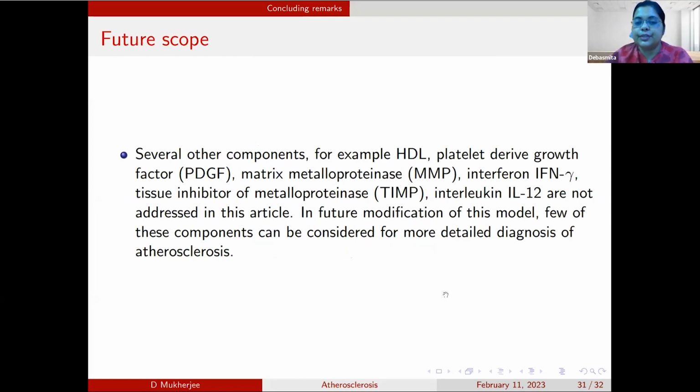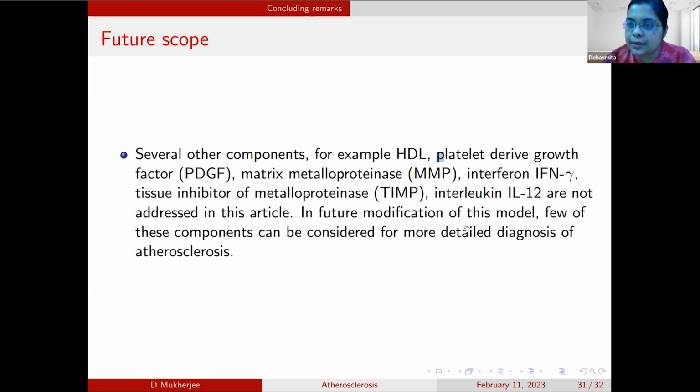Now in the future scope, there are several other cellular components involved in atherosclerotic plaque formation, for example, high density lipoprotein. I have already extended this work with the involvement of high density lipoprotein. Now I am working on developing models including platelet derived growth factor, then matrix metalloproteinase, then interferon gamma, and TIMP, interleukin 12.